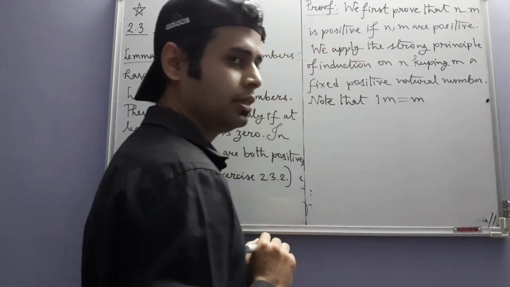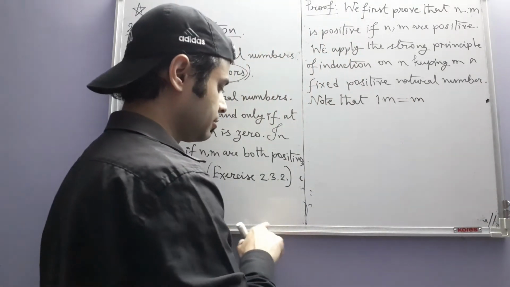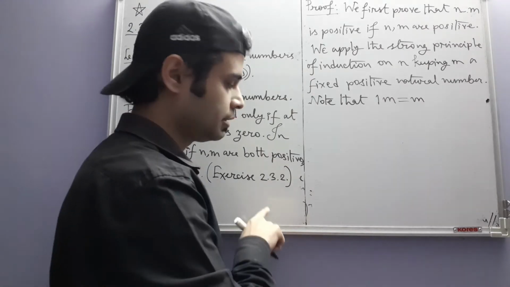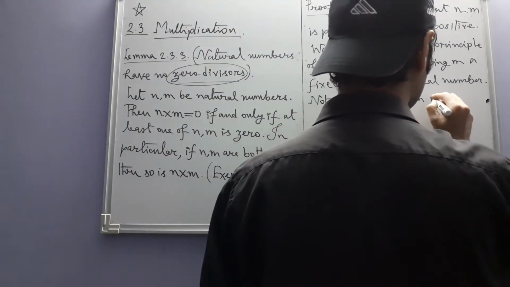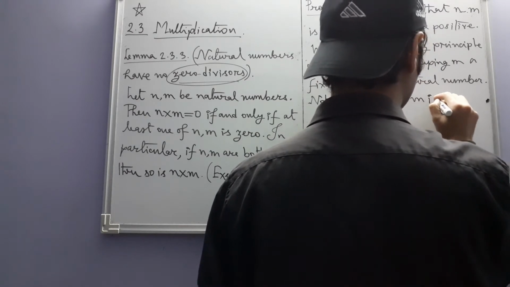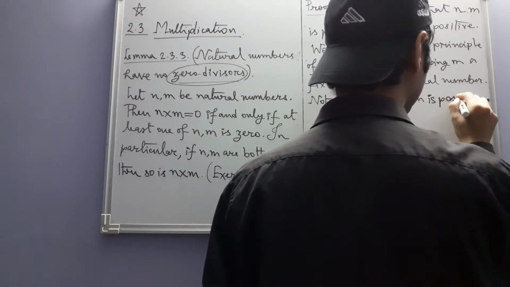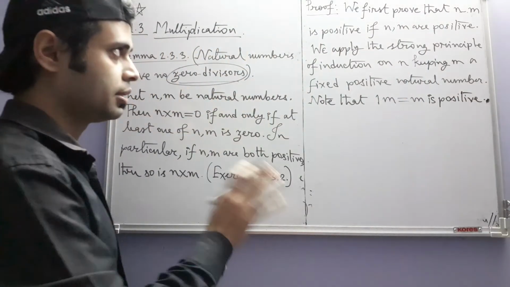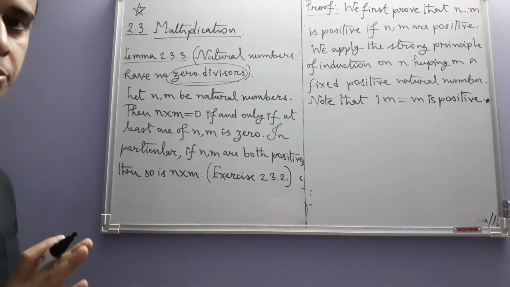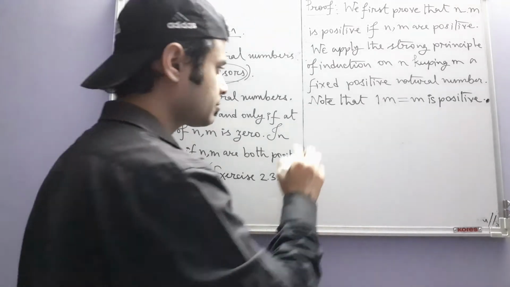We have already seen this calculation that we did after defining multiplication. So 1m is m, which is positive, because it's given that m is positive. So the result is true, nm is positive when n is 1.